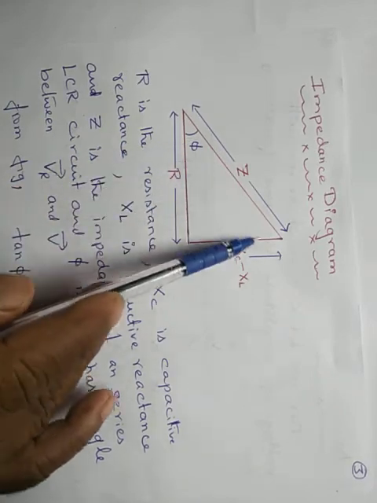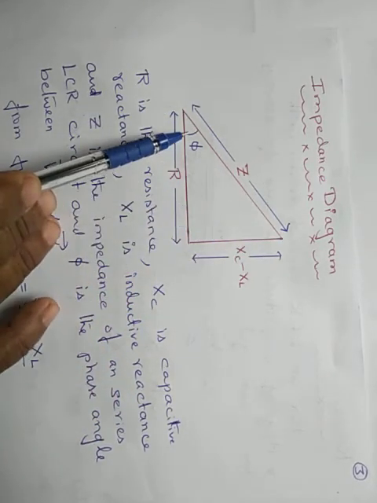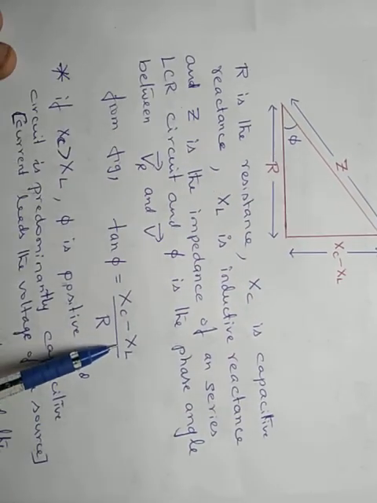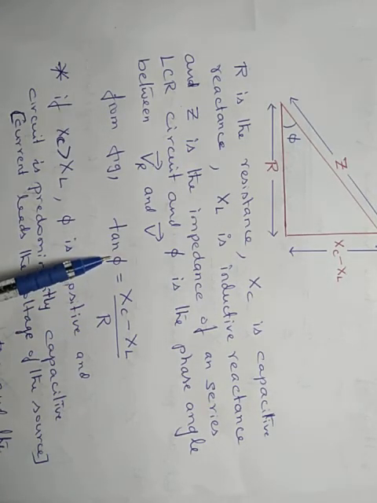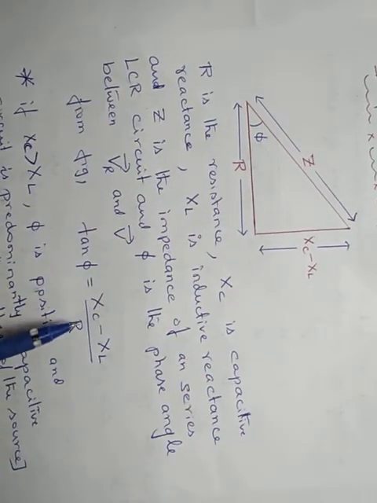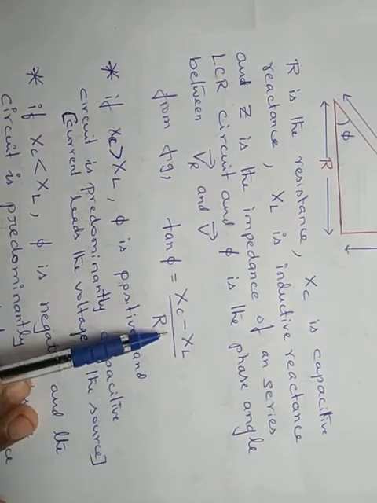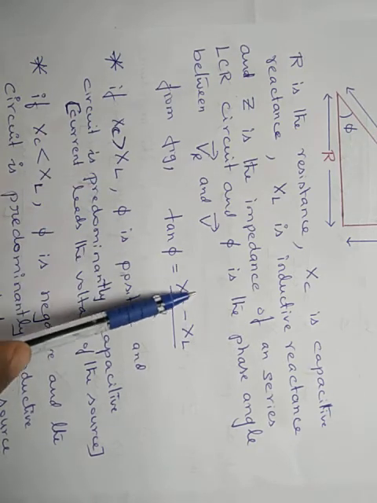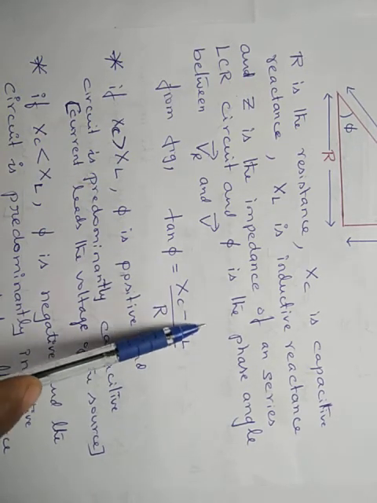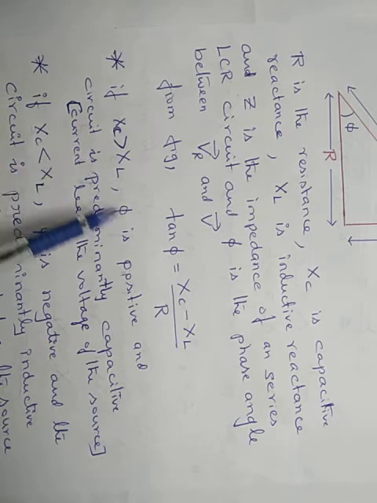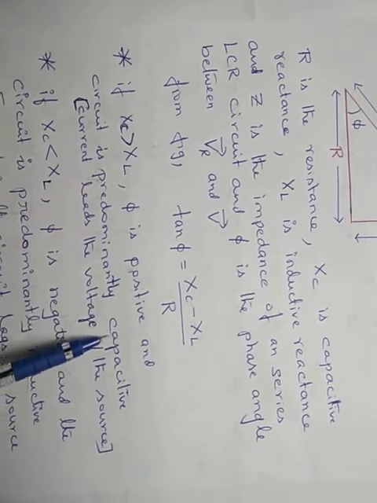We know tan theta. If you apply it to this right angle triangle, tan phi equals opposite by base, that is XC minus XL by R. So, we can get the direction or angle of the phase angle between VR and V. In this case, if XC is greater than XL, you will get a positive value, phi will be positive, and since XC is more, the circuit is predominantly capacitive.